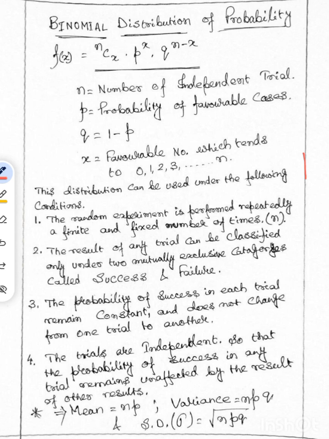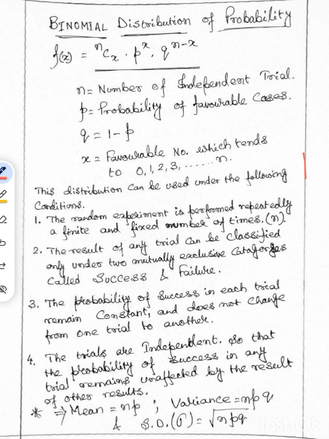In my example, a coin is tossed 20 times. That means it is a case of repeated trial. Next, the probability of each trial is constant and independent. Why is it constant? The probability of head or tail is also constant and independent.